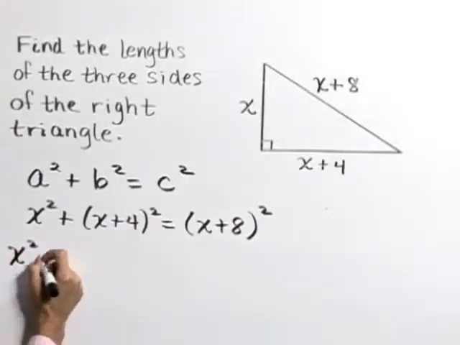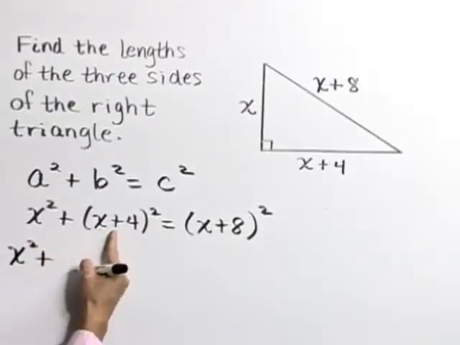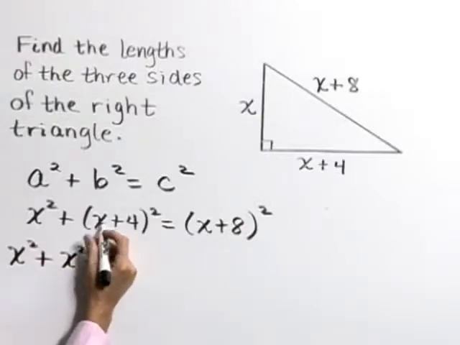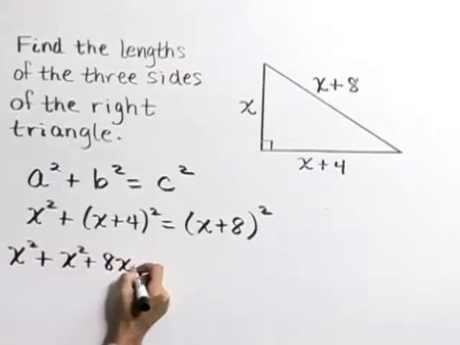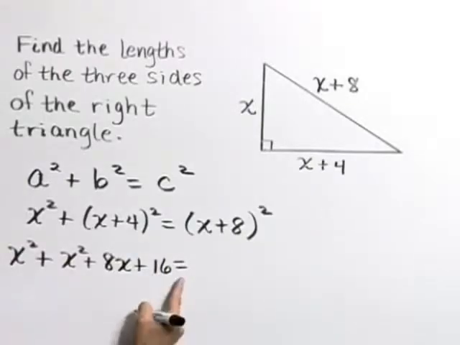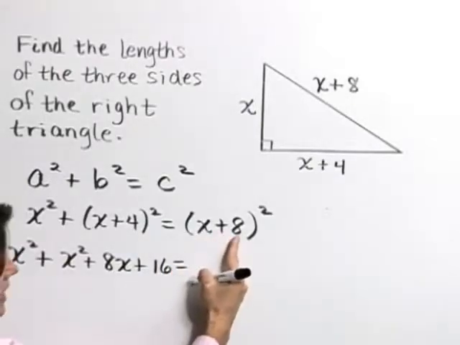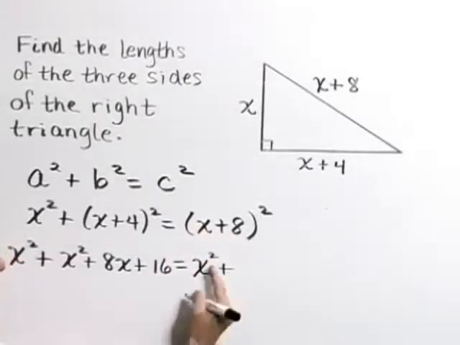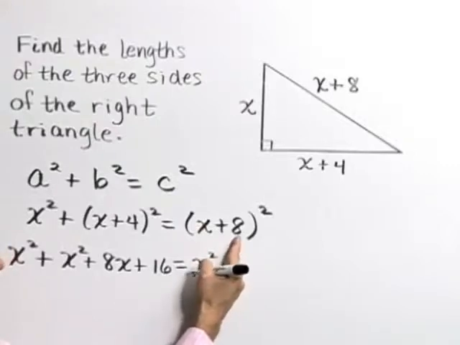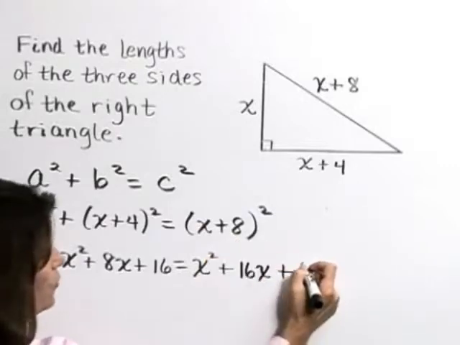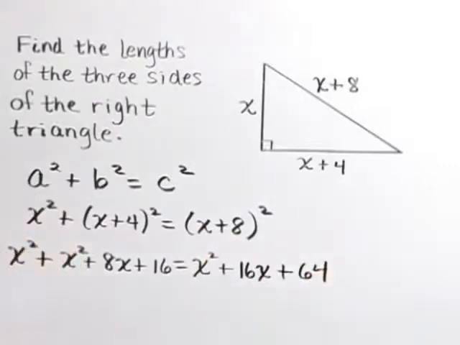So as our next step, let's write x squared plus x plus 4 times x plus 4 is x squared, plus our inner and outer products are both 4x. 2 of those gives 8x, plus 4 times 4, or 16, is equal to x plus 8 quantity squared, which is our first term squared, x squared, plus 2 times our inner and outer products. 2 times 8x is 16x, plus 8 squared, or 64.